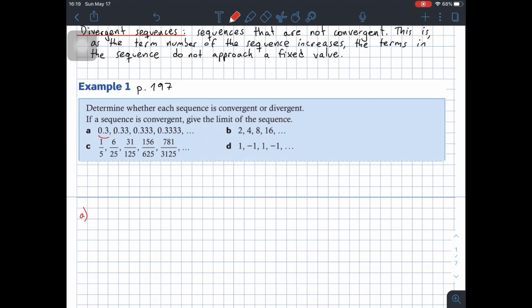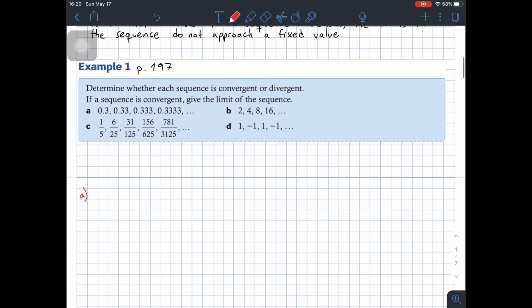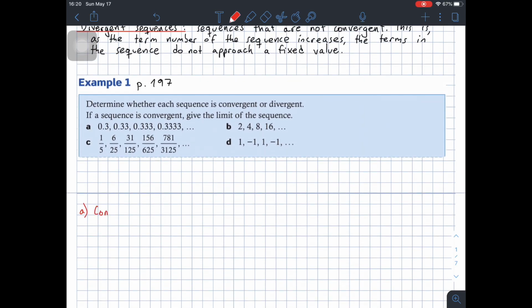The sequence is 0.3, 0.33, 0.333, 0.3333, and so on. So this sequence is convergent, right? We're converging to a value. If we keep on doing this, we would reach 0.3 with a small hat that indicates the 3's keep on repeating. And if you realize, this is the same as saying 1/3, right? So we're converging to 1/3. That's our converging value. So we would say that this is convergent.